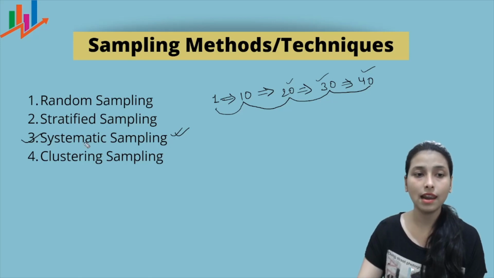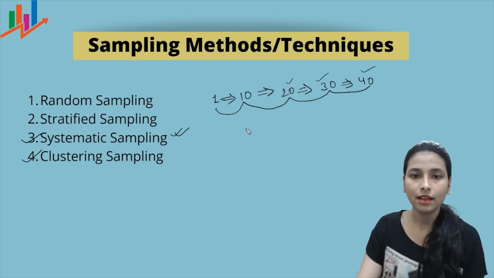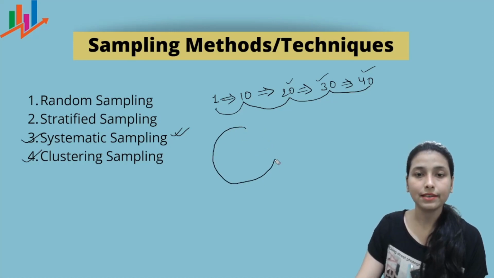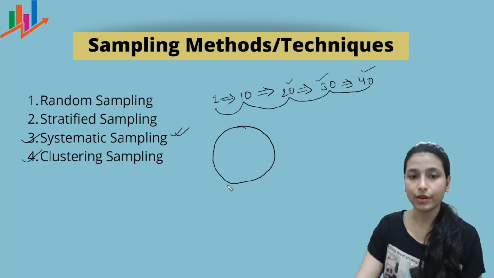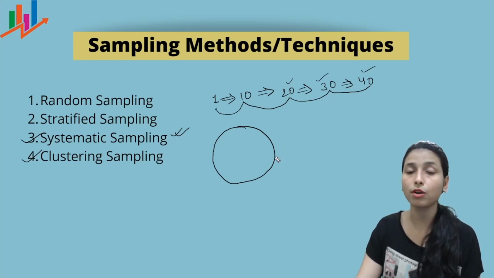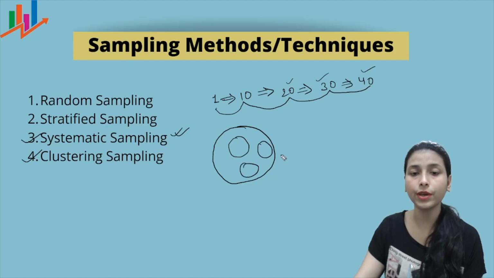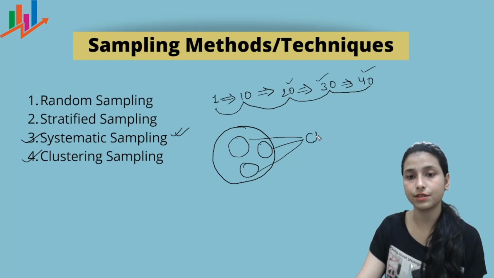Now, the last one is cluster sampling. What does it mean by cluster sampling? Understand it very clearly, because this is very, very important. Again, let's take this as the population data, and if I have to perform cluster sampling, then I'll take out the sample in the form of clusters.